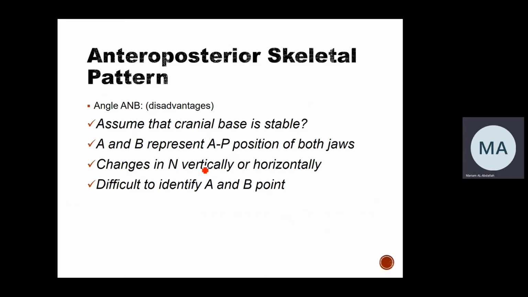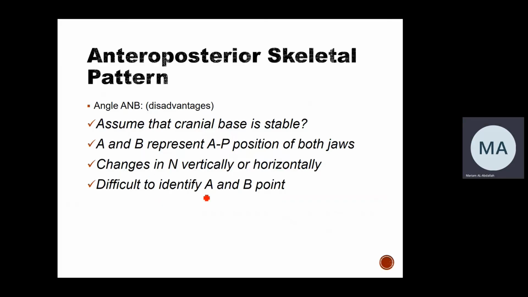It might change its position. In addition, the A point and the B point are assumed to represent the anterior-posterior position of the maxilla and the mandible, when actually these points sometimes could be modified in response to tooth movement. So maybe they are not a strong indication of skeletal relation.